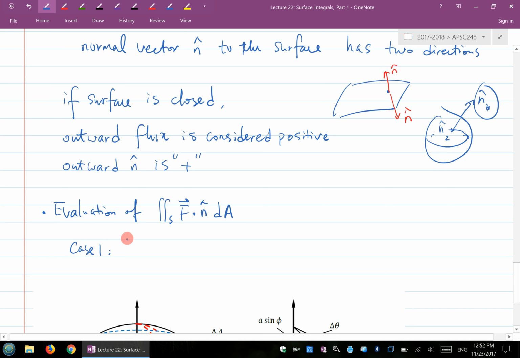For the first case, let's look at a spherical surface. More precisely, it's a spherical surface centered at the origin.